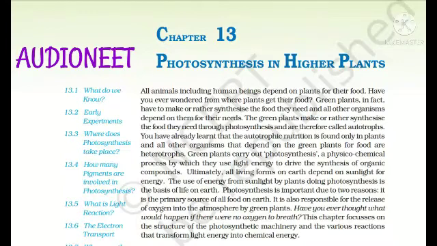These electrons then move downhill again, this time to a molecule of energy-rich NADP+. The addition of these electrons reduces NADP+ to NADPH + H+.